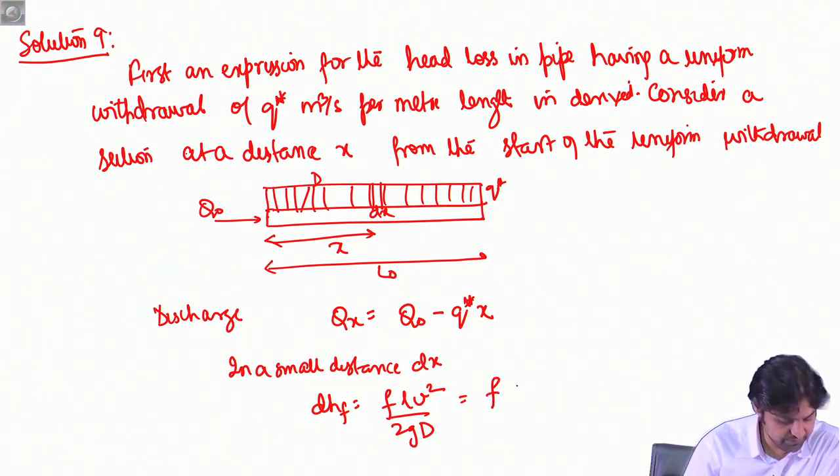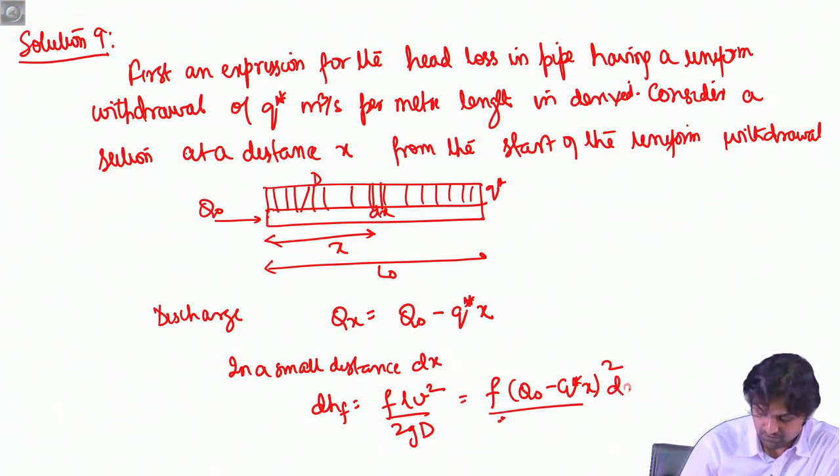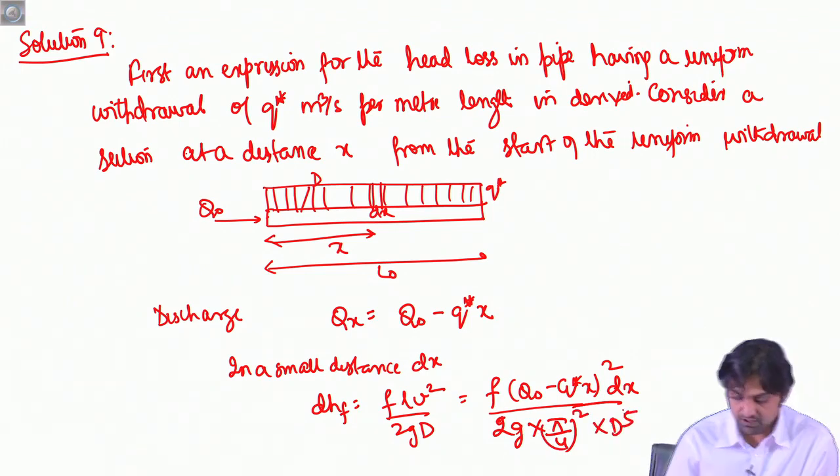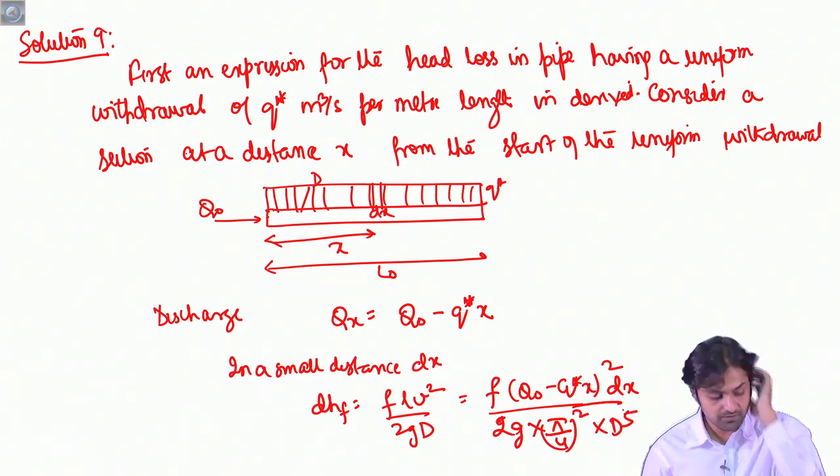So we can write f into (Q naught minus Q star x) whole square, divided by 2g into (pi by 4) whole square into d to the power 5.